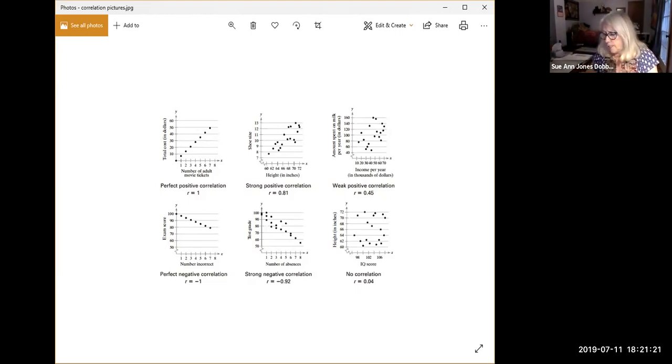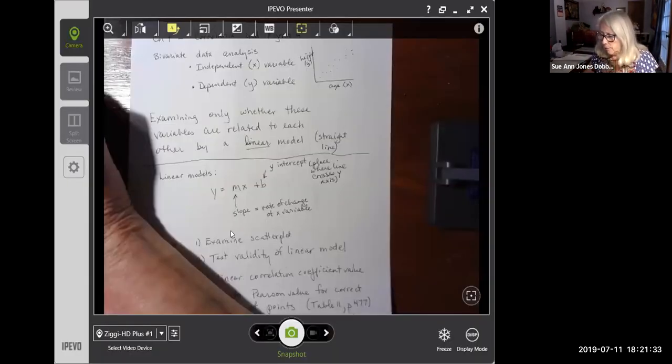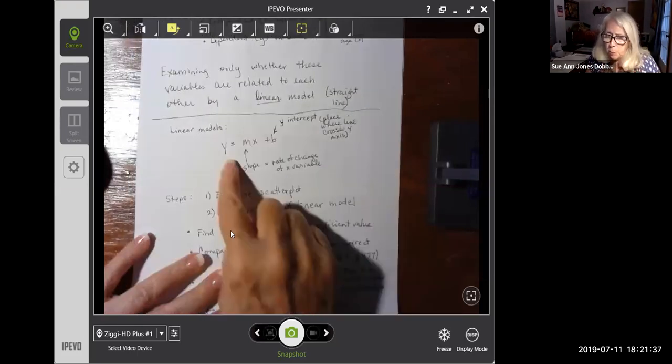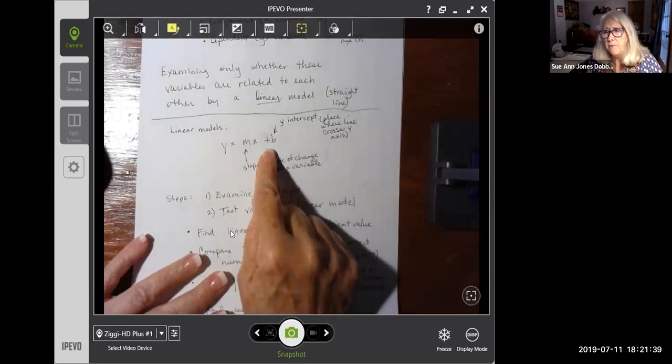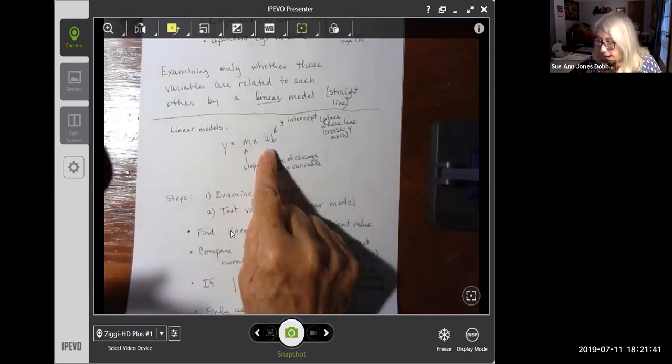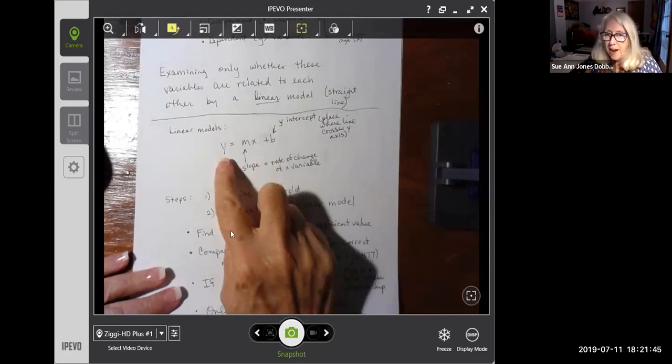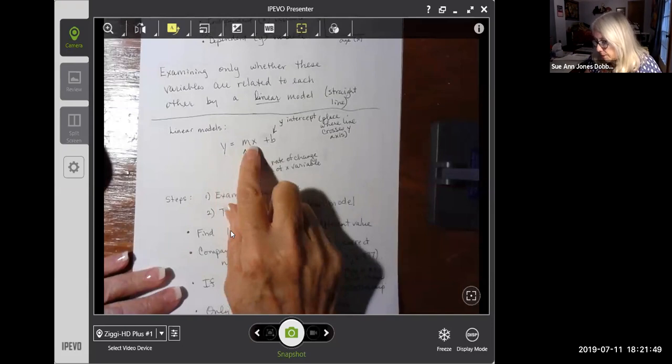What we do when we look at a linear model, and I'm going to go back and share my presenter window again, is we look for an algebraic relationship that we can express in this way. And if you've had algebra, and I'm sure most of you have, then you would say this is the old-fashioned linear model, y equals mx plus b.